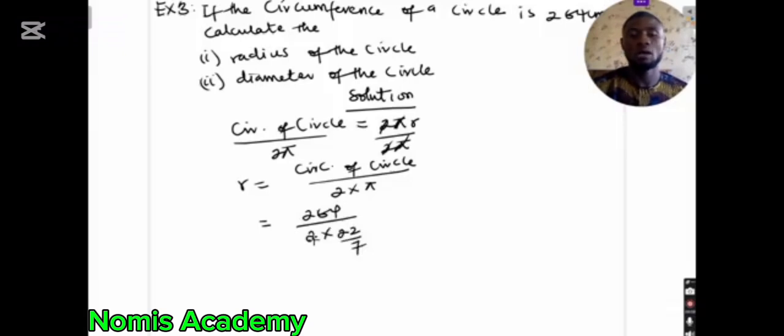22/7. So I can say 2 here 1, 2 into 264 is 132. Now I am left with 132/1 divided by 22/7. Just make this division to be multiplication. So that becomes 132/1 multiplied by 7/22.